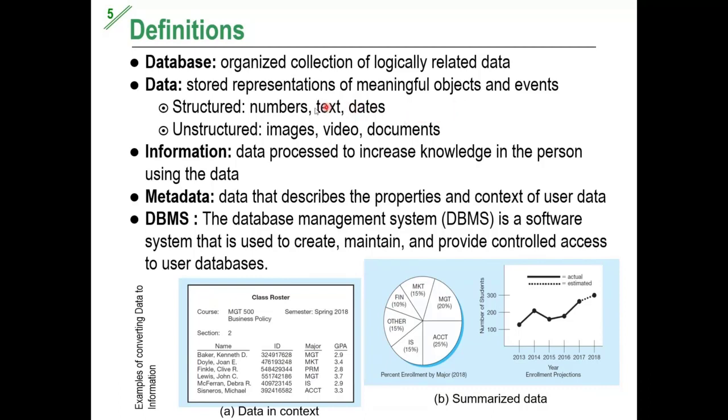Usually structured data consists of numbers, text, or dates. If you buy a product online, you place an order, and you need to record your contact details, order details, and delivery details. So we can place a structure. We know exactly what an order looks like and what information we need to capture. All these order details and your details consist of numbers, text, and dates, etc. So we have structured data.